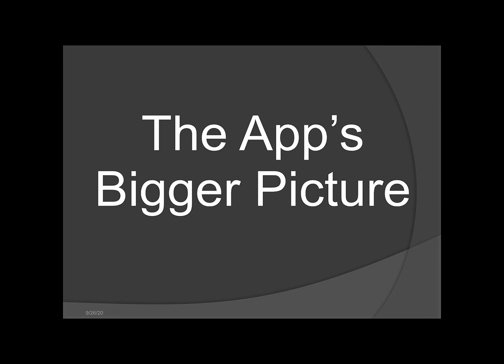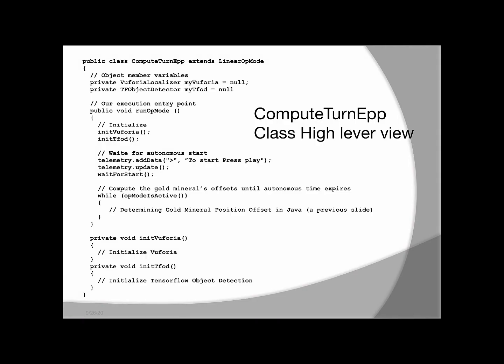So let's just finish this up by doing a little bit of code cleanup, and I'll go through this relatively quickly. This is the big picture of how the code looks. This is our class that we've created. It's compute turn. Execution begins here. And the first thing we're going to do within our execution block is to init Vuforia.